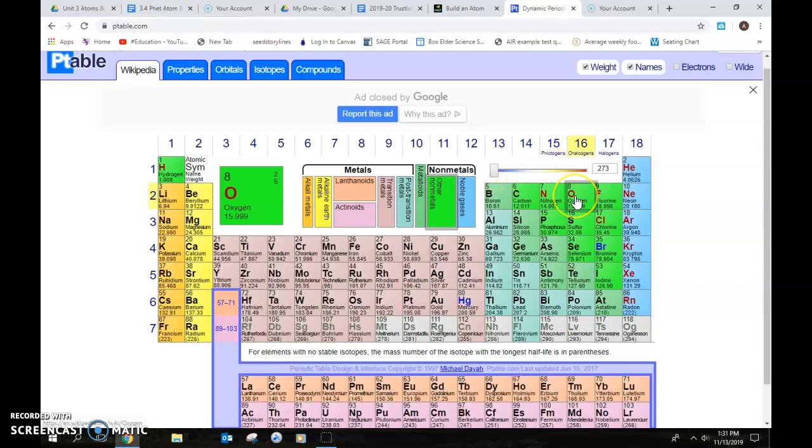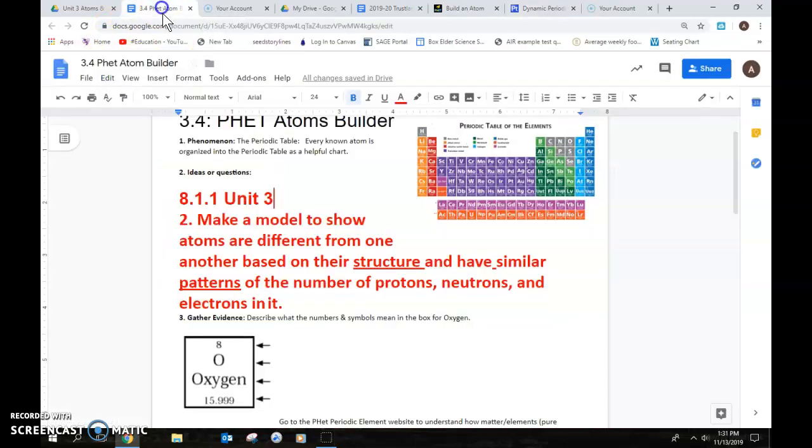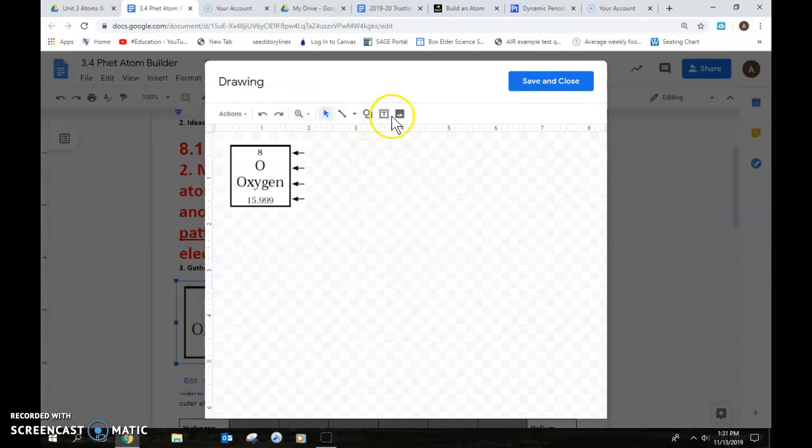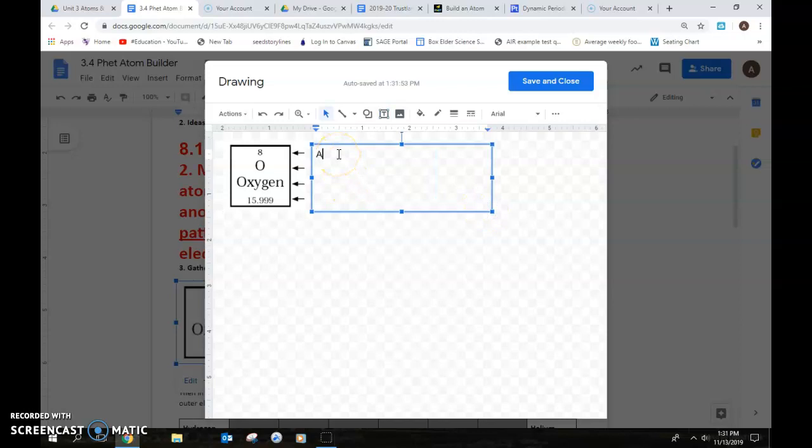So we're going to talk about oxygen for a minute. The first number at the top is called the atomic number, and I'll highlight this one so we can see it. This number 8 is called the atomic number, and it is always the proton number.